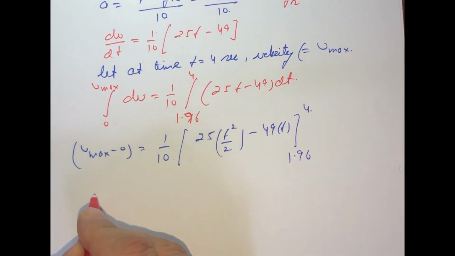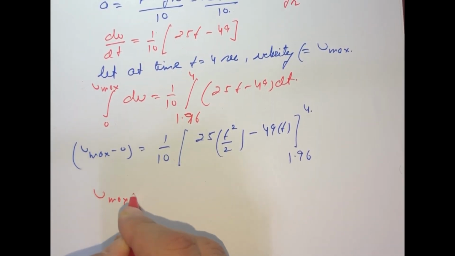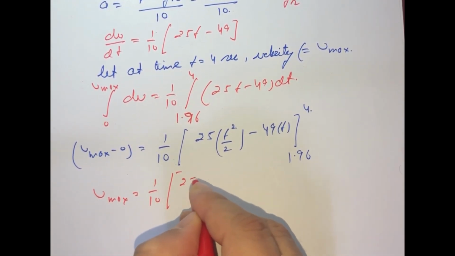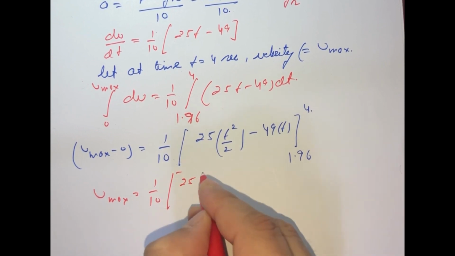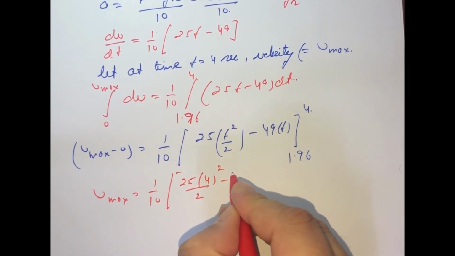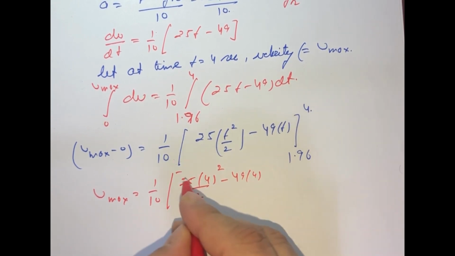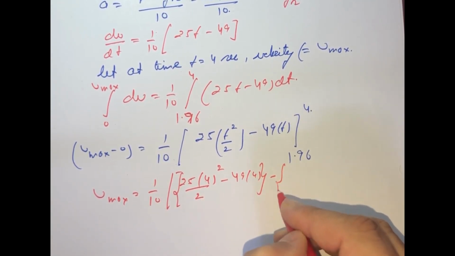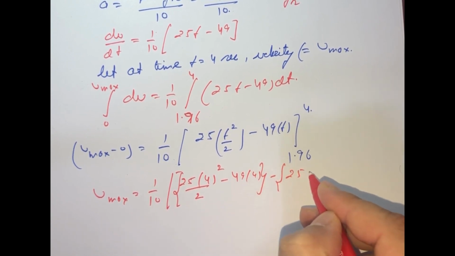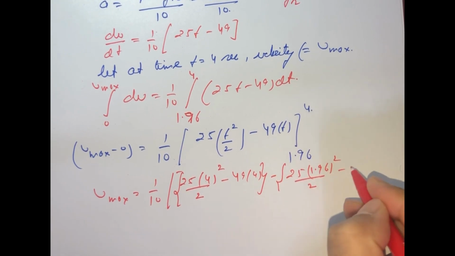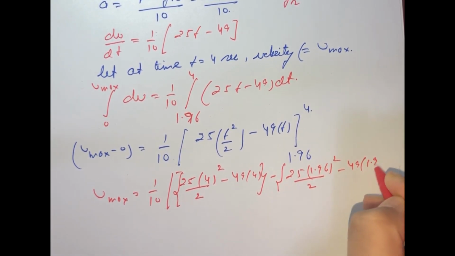So we write Vmax equals 1/10 times: 25 times 4 square divided by 2 minus 49 multiplied by 4, minus 25 times 1.96 whole square divided by 2 minus 49 times 1.96.